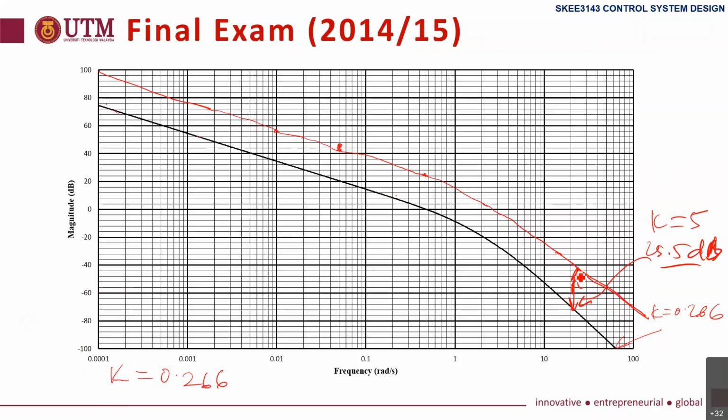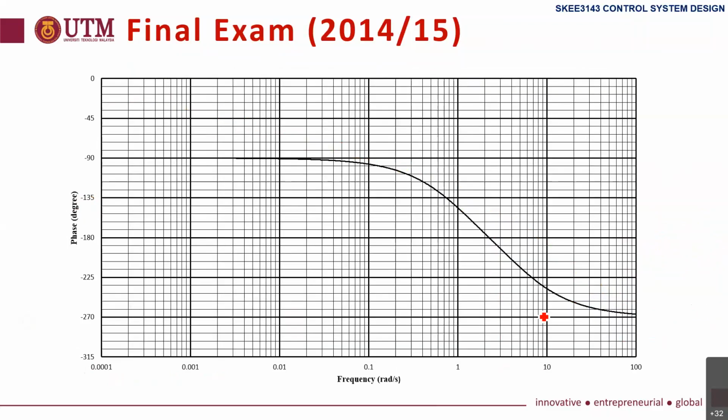Okay. So if we check here, when it is 0 dB, it's about 1, 2, 3, about 2.5 radian per second, w. All right, 2.5.